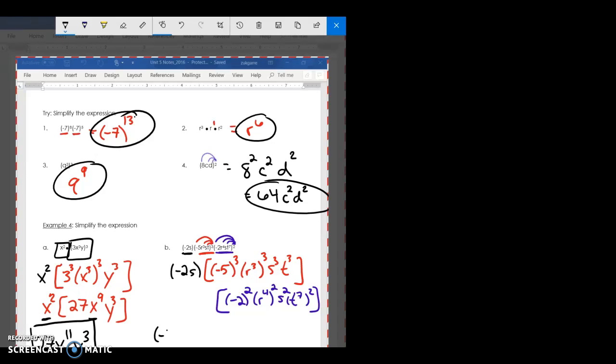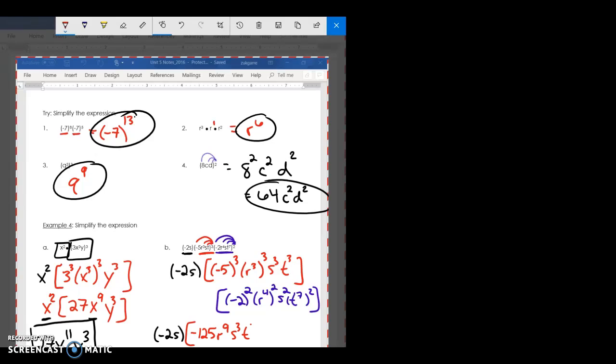Now let's go back through for step 2. I've still got negative 2s. I don't have to do anything with that. Let's look at our red part. I see a lot of exponents being raised to other exponents. So negative 5 times negative 5 times negative 5, if you plug that into your calculator, is negative 125. R cubed cubed, multiply your exponents here, so that's r to the 9th.